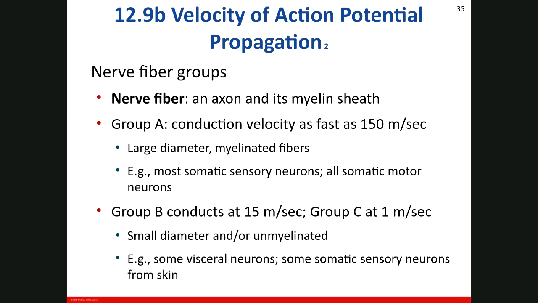In the second group, group B, the nerve fibers can propagate nerve signals at approximately 15 meters per second. And in group C, the nerve fibers propagate nerve signals at 1 meter per second. In group B and group C, the nerve fibers are generally small in diameter.